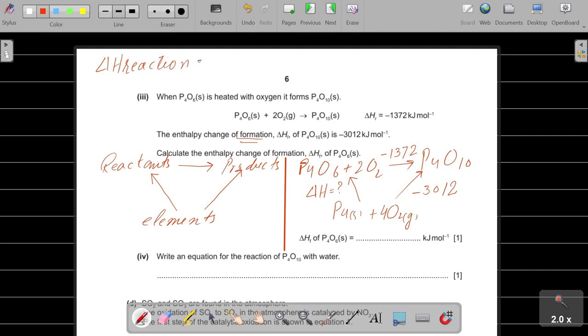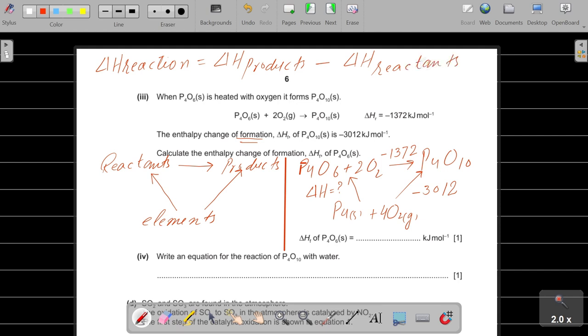equals delta H of products minus delta H of reactants. If the question is given in bond energies, then you will use delta H reaction equals delta H of reactants minus products. But he is not talking about bond energies, so products minus reactants.